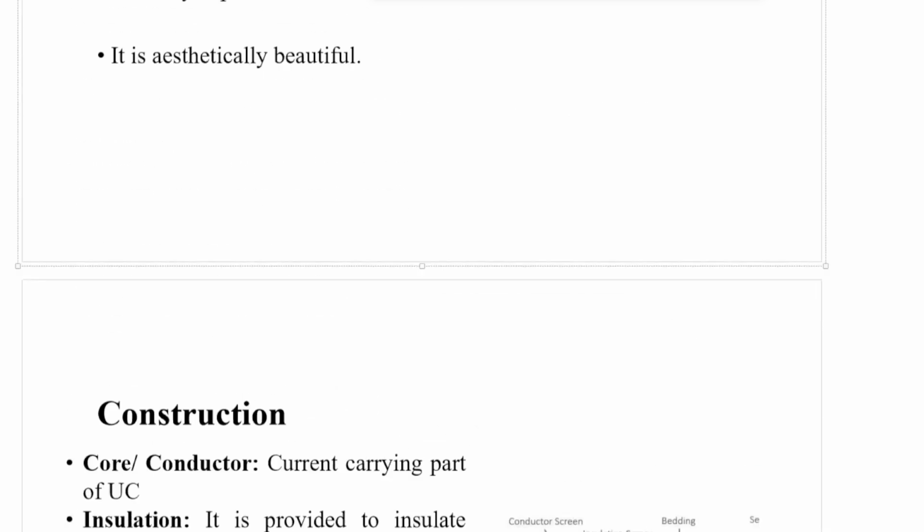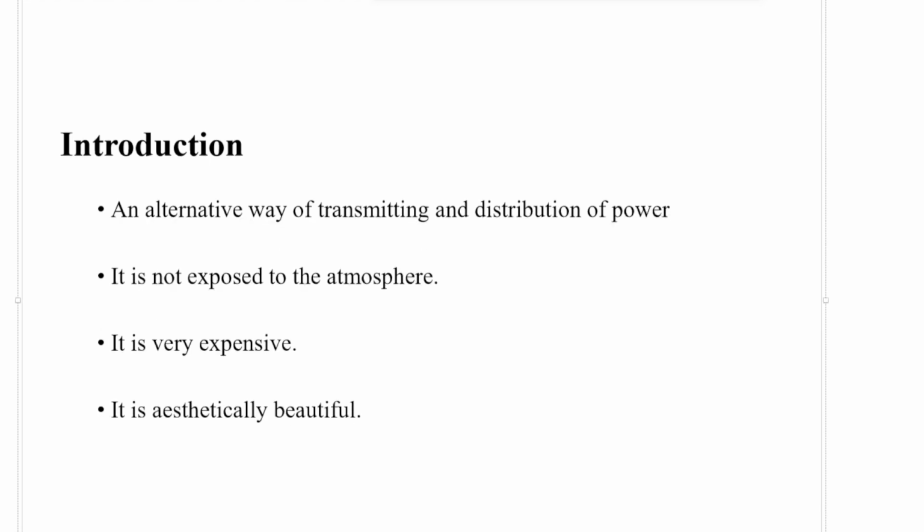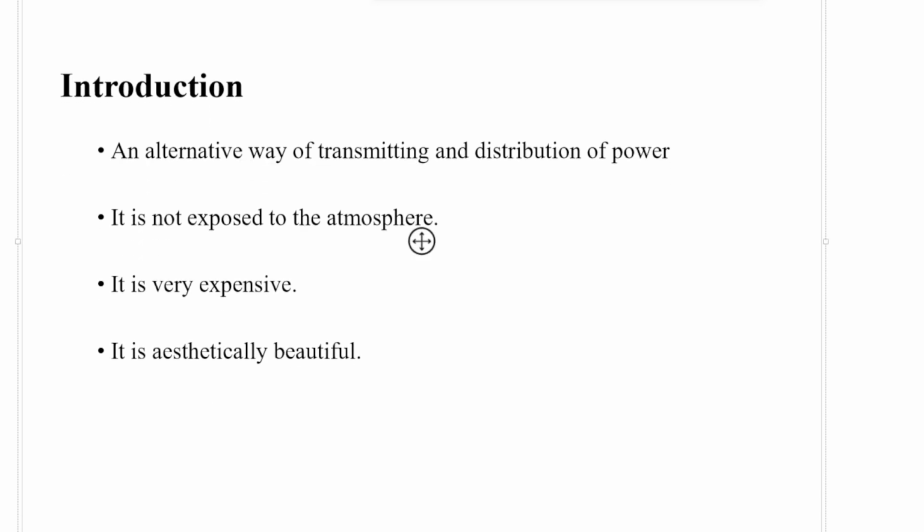As the name suggests, underground cable is a transmission or distribution system below the ground. The cable, or the conductor, is laid below the ground. As I already told you, it is an alternative way of transmission and distribution of power.